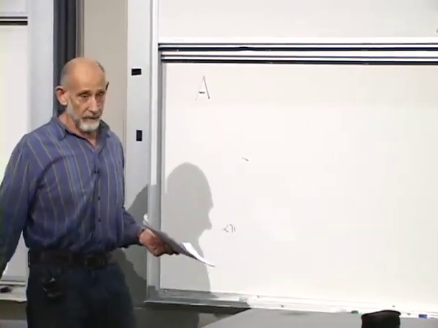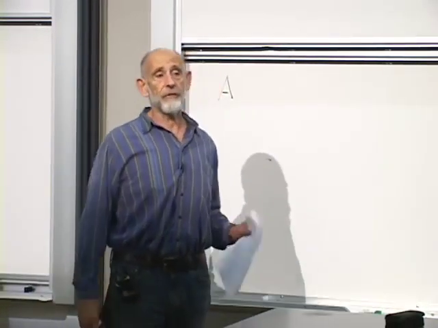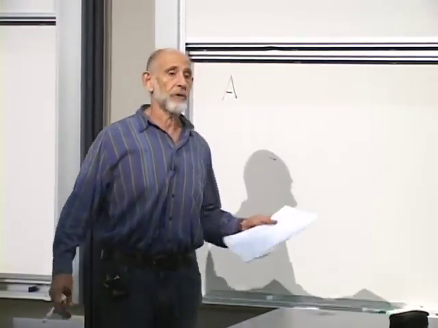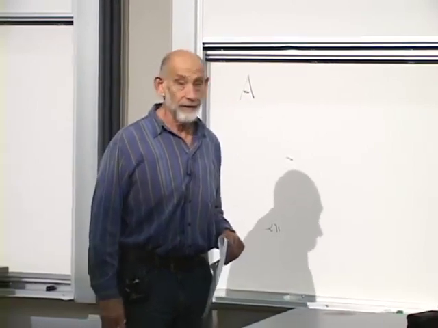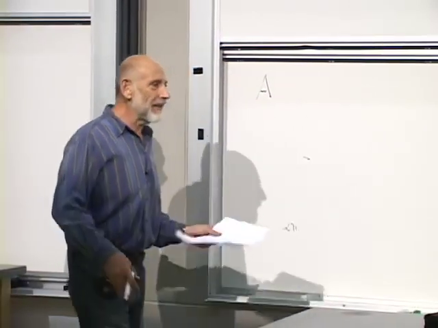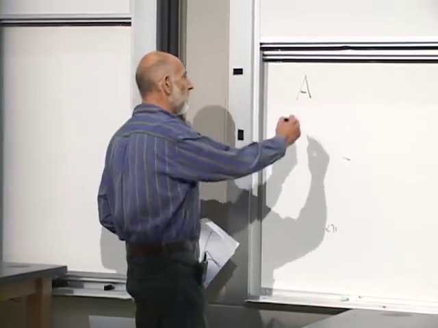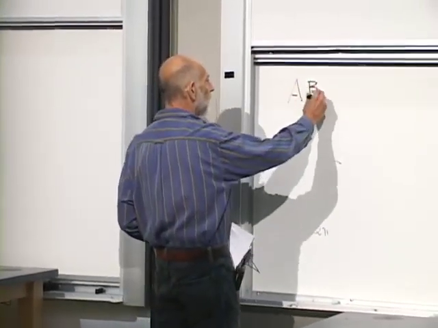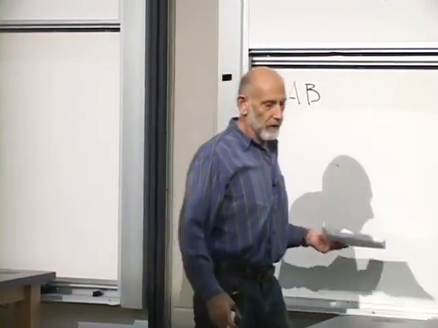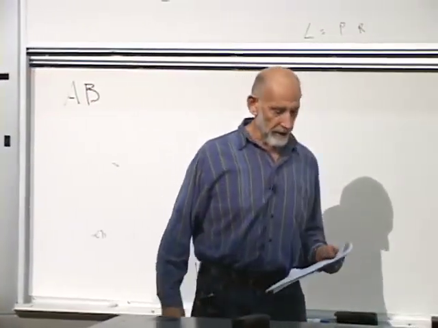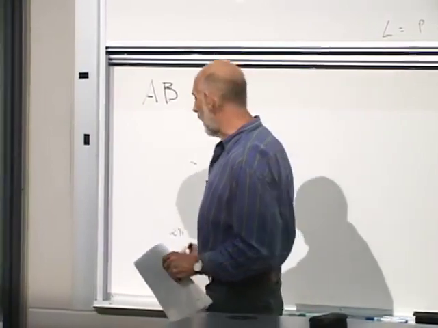B could stand for magnetic field. Or A could stand for the position of an electron. B could stand for the electric field. But for any pair of things, in ordinary mathematics, of course, it doesn't matter which order you multiply them. A times B is equal to B times A.